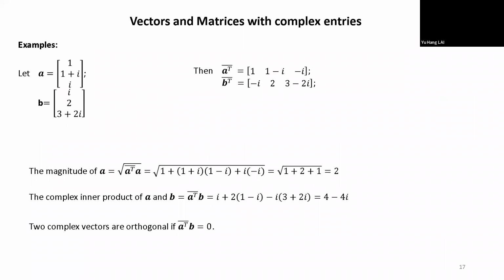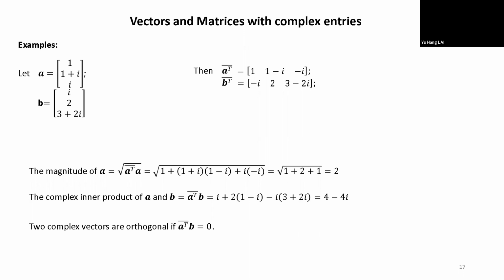One more thing: when we talk about dot products for real vectors, we use whether the dot product is 0 or not to determine whether the two vectors are orthogonal.